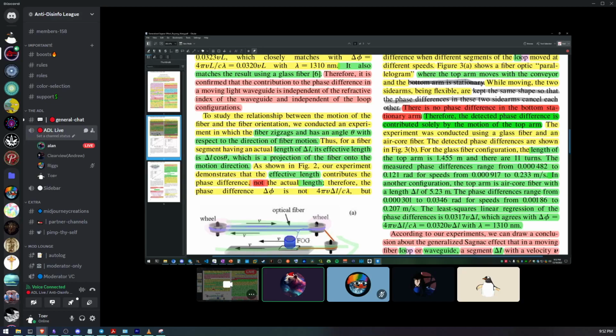To study the relationship between the motion of the fiber and the fiber orientation, we conducted an experiment in which the fiber zigzags and has an angle theta. I think that's a theta.